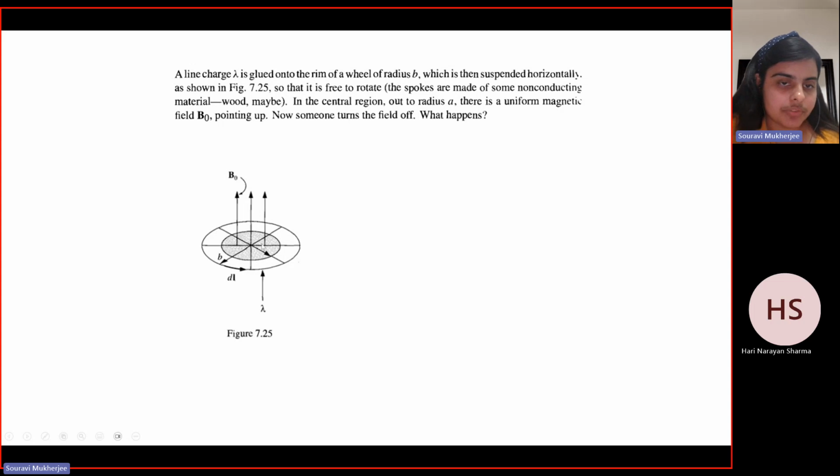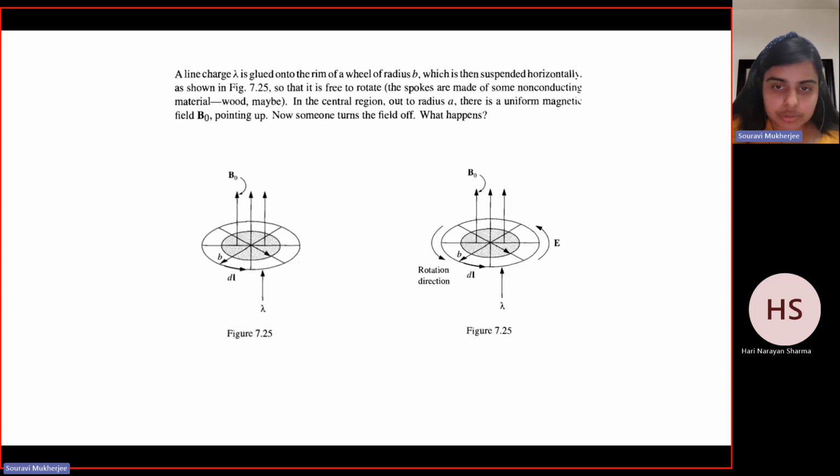So here we know that the magnetic flux was initially pointing up and now you switch it off. So when you switch it off, that means the flux is decreasing. So that means the induced current will be in such a direction that it will try to nullify the change. So it will create a magnetic field which will again be pointing upwards, right?